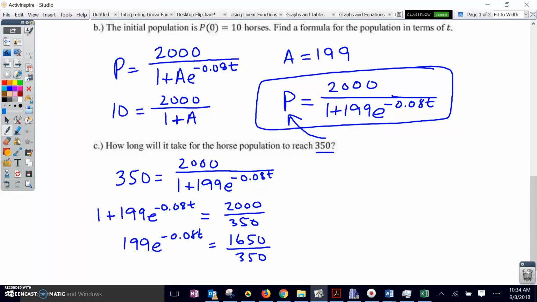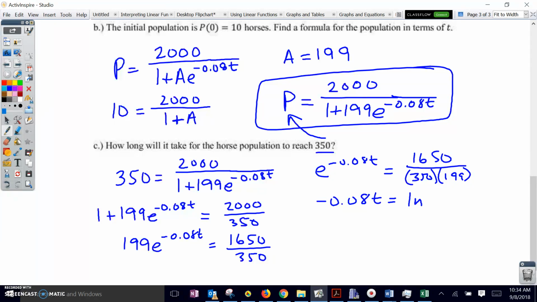All I did was subtract 350 over 350. Then we divide by 199. Don't feel like calculating that yet, so I'm just going to write 350 times 199 in my denominator here. And then we take the natural log of both sides and divide both sides by negative 0.08.